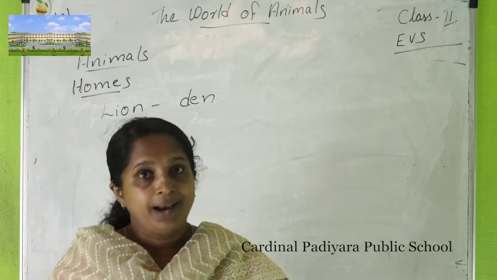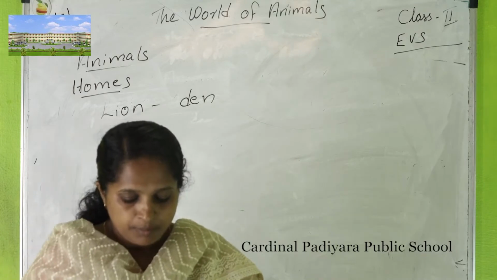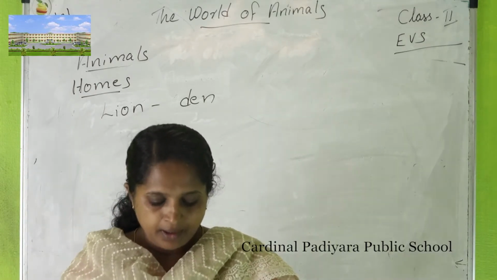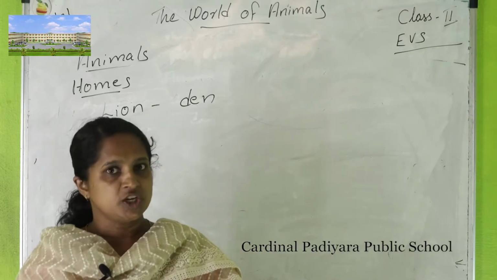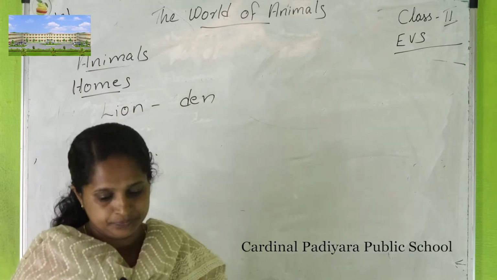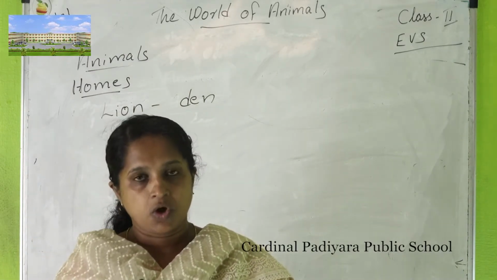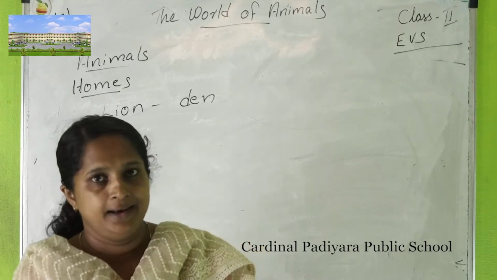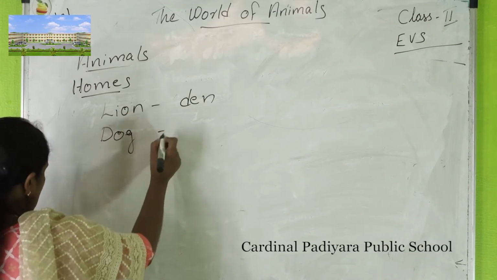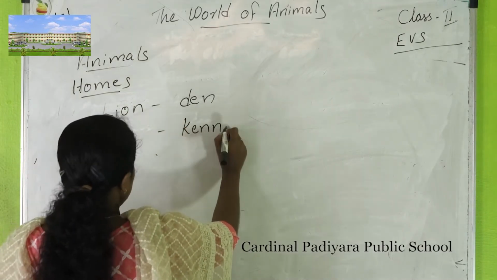In the example, lion is a wild animal, so its shelter is provided by nature. Next, dog's shelter. Dog's shelter is known as a kennel, K-E-N-N-E-L.